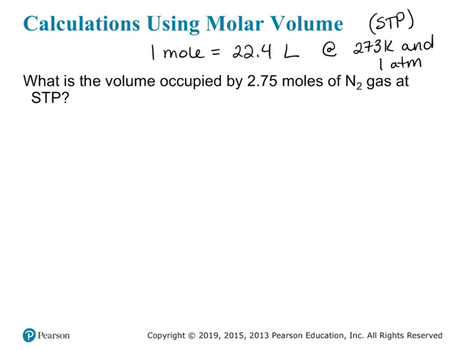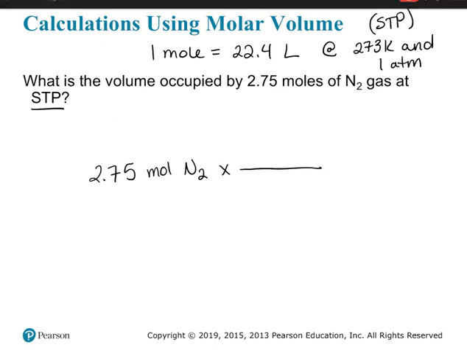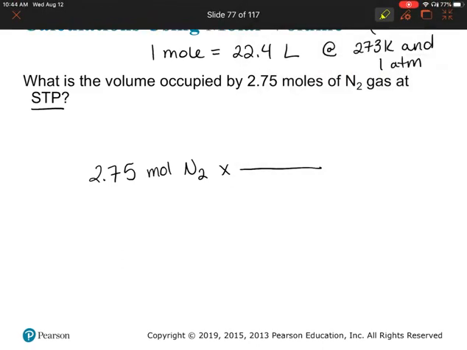So what is the volume occupied by 2.75 moles of nitrogen gas at STP, so standard temperature and pressure? Okay, so if we're at standard temperature and pressure, I know that I can use the molar volume as a conversion factor. So I'm just going to set this up where 2.75 moles of nitrogen is just being converted to liters. So I'm going to use that equality up above.